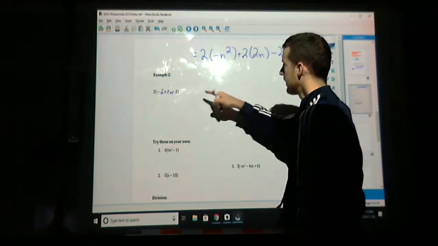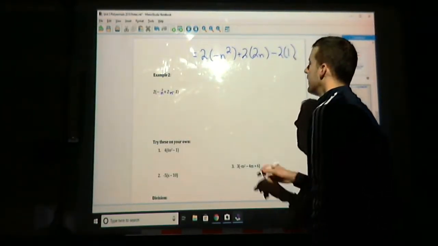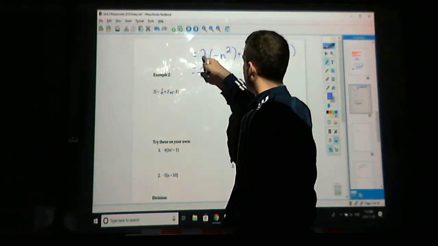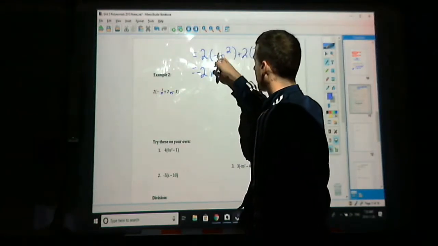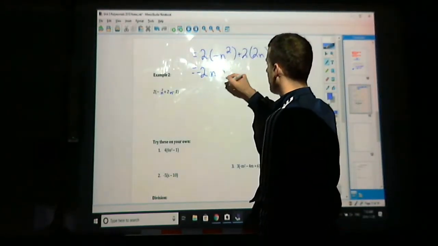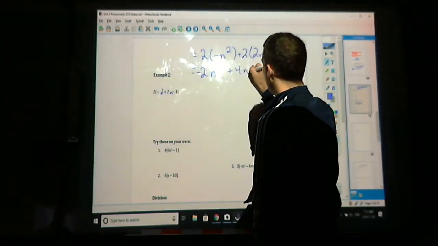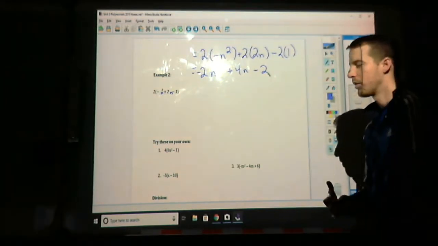We can just keep the signs. We don't go negative, negative, though, because that would cancel out. So let's break it down. We have negative 2n squared. You can just pretend that there's a 1 in front if you want. The negative 2n squared plus 4n minus 2. And that would be your solution.